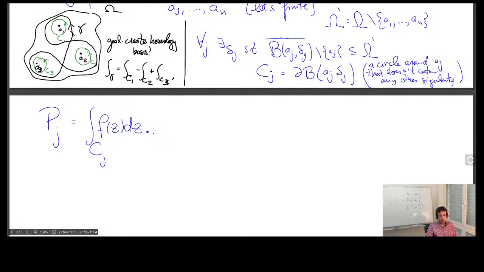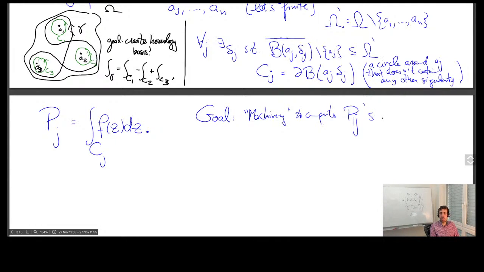So what we want now is some kind of machinery to compute these periods. We should always keep an eye on our goal. Because once we compute that, we can compute any integral.